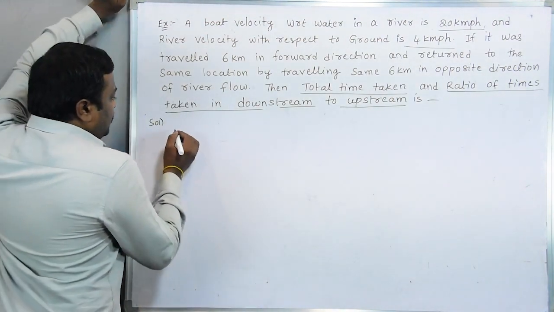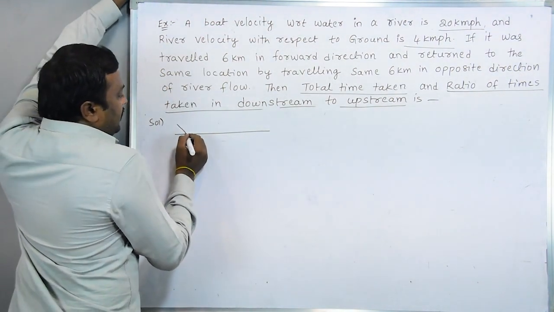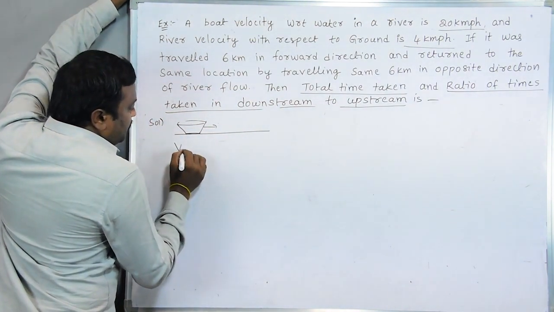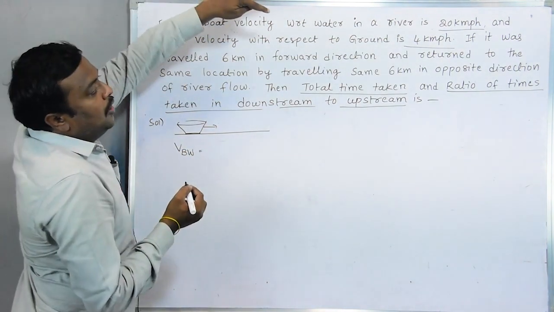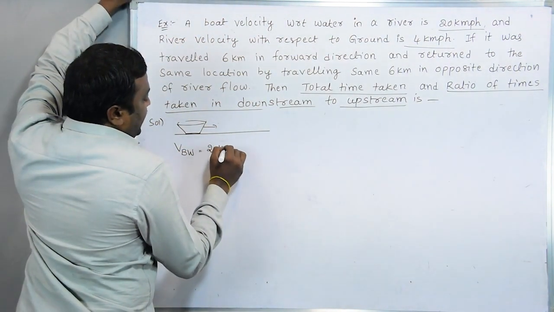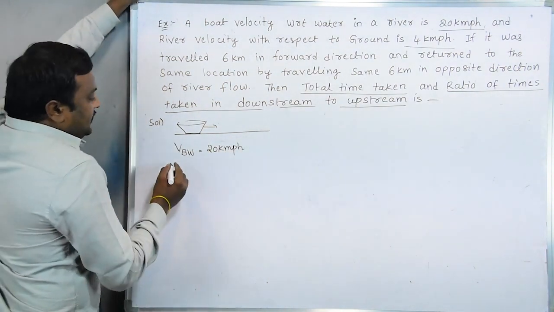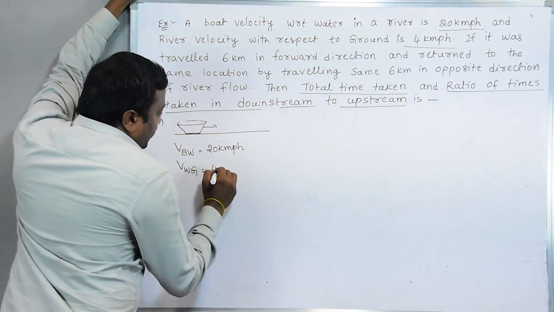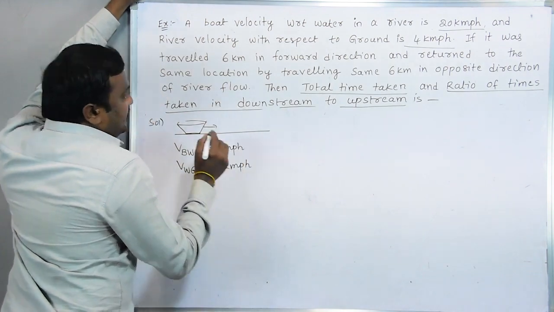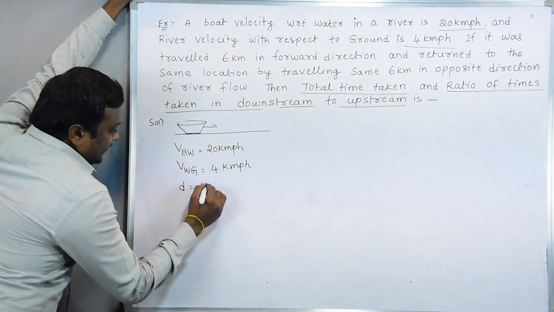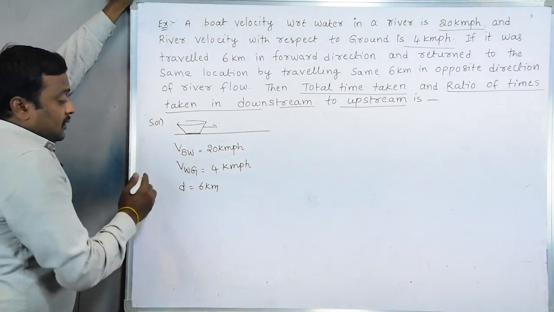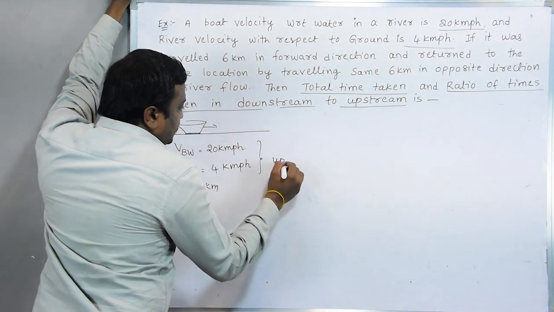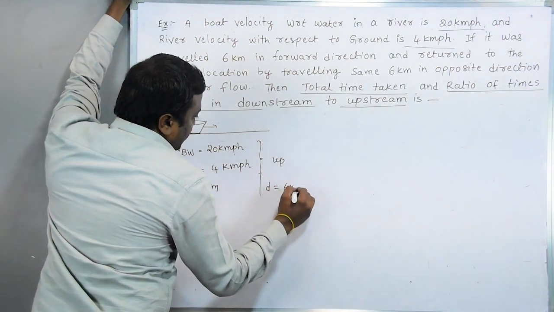So the same situation: this is the river, this is a boat, its velocity with respect to water is 20 kmph. The velocity of water with respect to ground is 4 kmph, and the distance travelled in the forward direction is 6 km. This is for downstream. For upstream these are the same values, and the distance is again 6 kilometers.